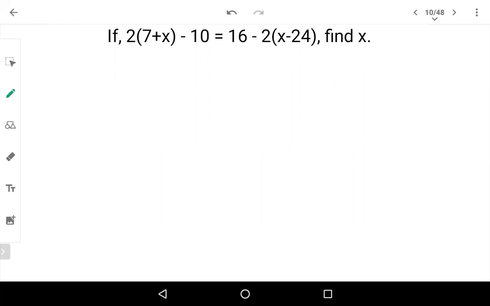In that case you should not get confused with the sign. That is the main intention of solving so many problems. Fine, so let us start. You have 2 into 7 plus x minus 10 is equal to 16 minus 2 into x minus 24. Sorry, x minus 4. So we are supposed to find x here also.